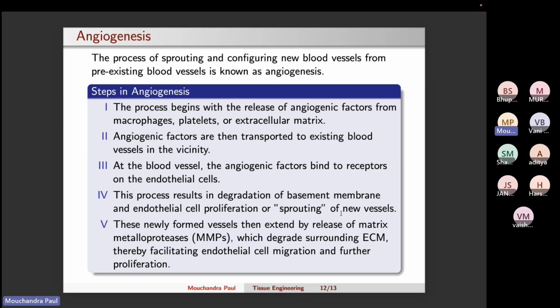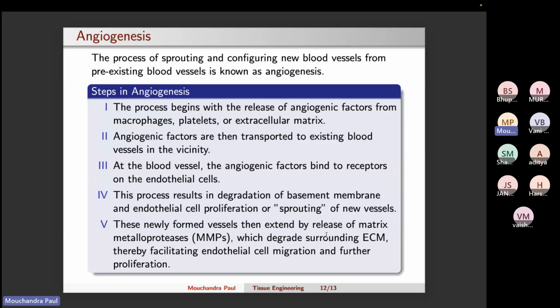This sprouting, a very small bulb or sprout of blood vessel, is formed by the newly proliferated endothelial cells. Now these newly formed vessels try to extend and penetrate through the tissue. How will they do that? They release matrix metalloproteases, or MMPs, whose role is to degrade the surrounding ECM.